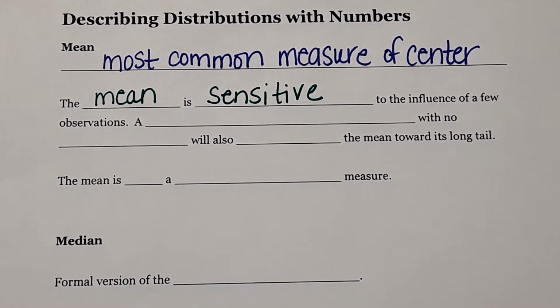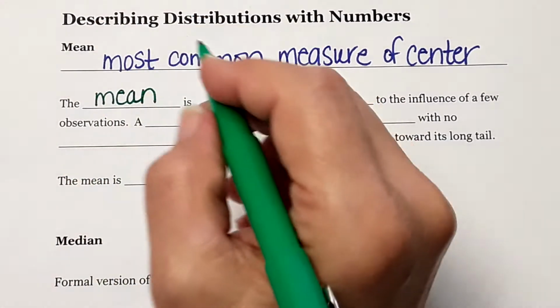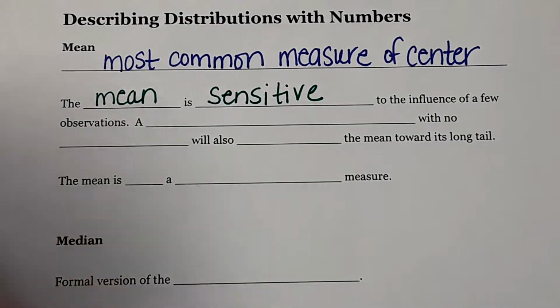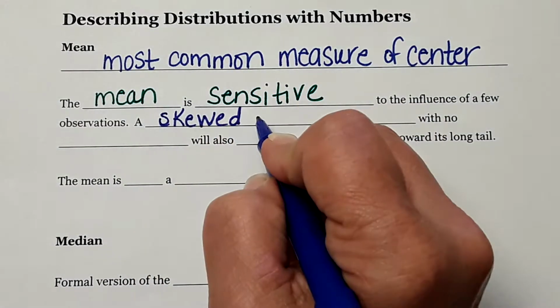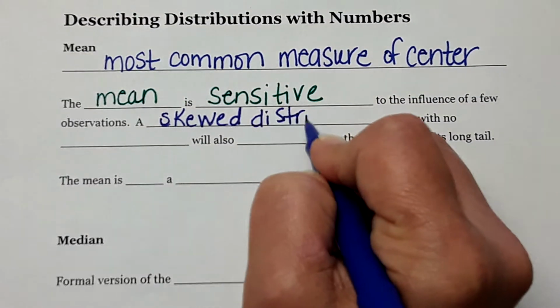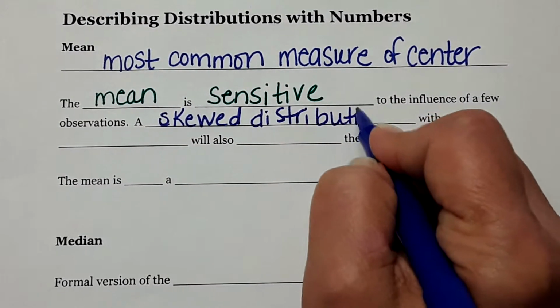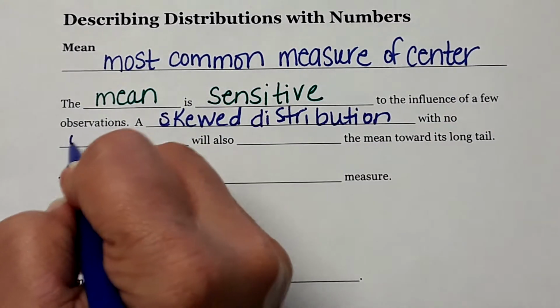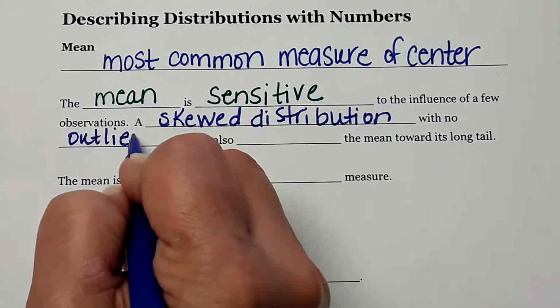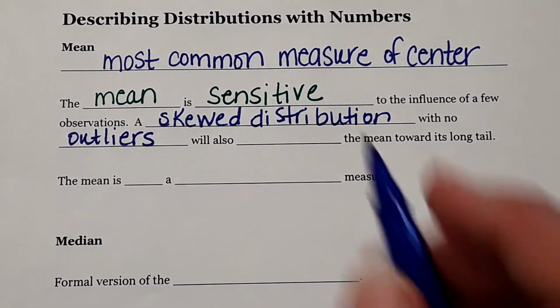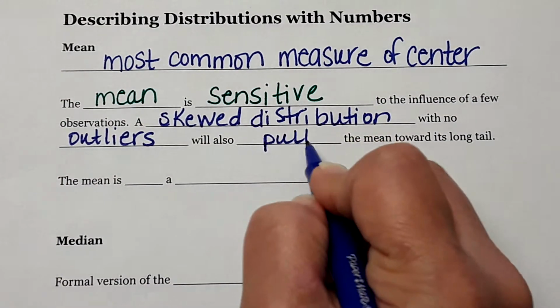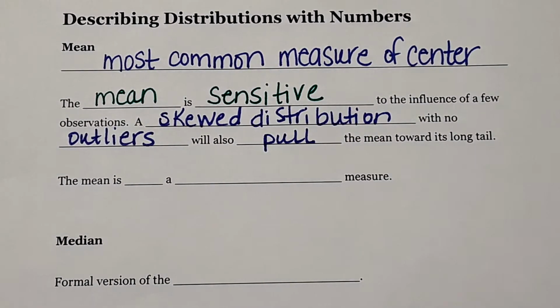When we talked about right skewed and left skewed, the mean is pulled in the direction of its tails. So, a skewed distribution with no outliers will also pull the mean toward its long tail. Even if it doesn't have outliers, it's just what I just said.